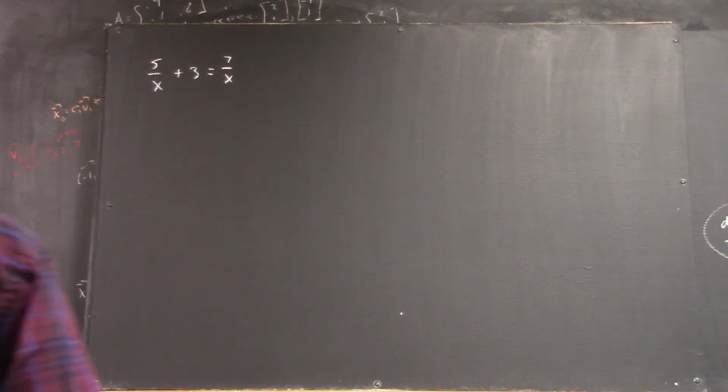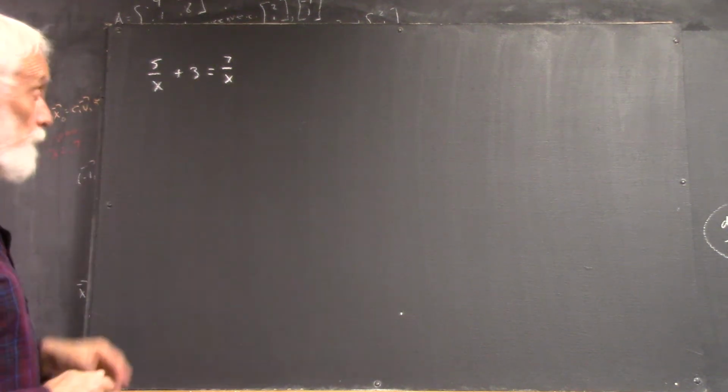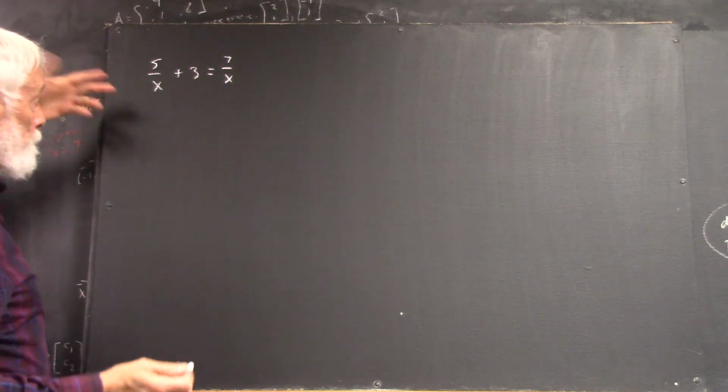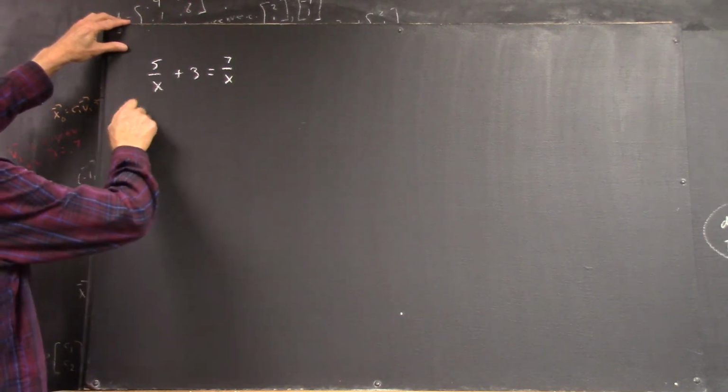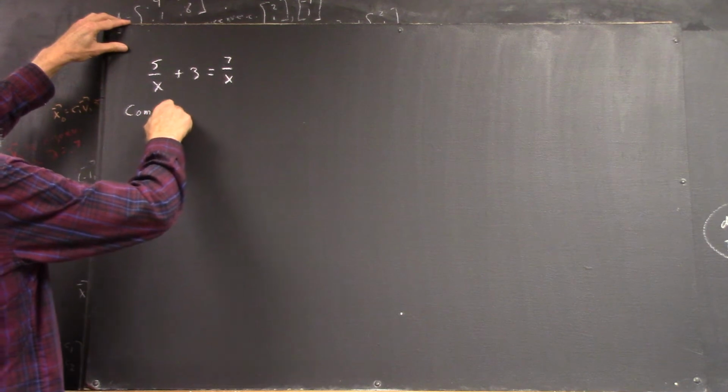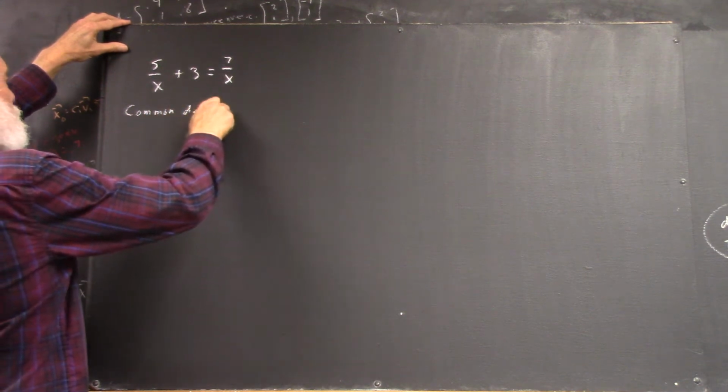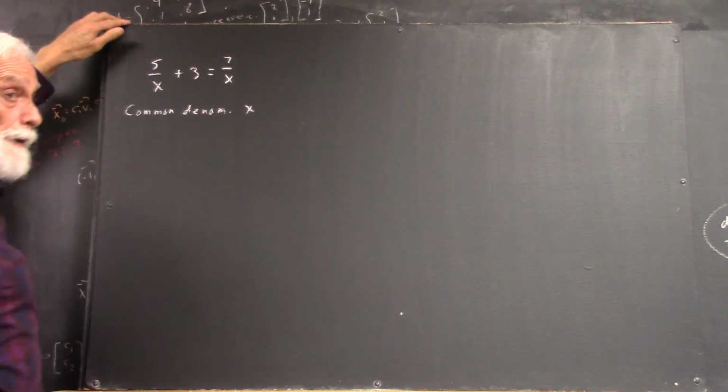Okay. Solve an equation that looks like this. We find the denominator. Common denominator is x, right?